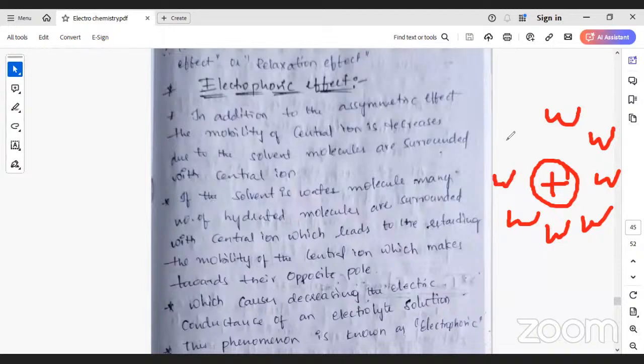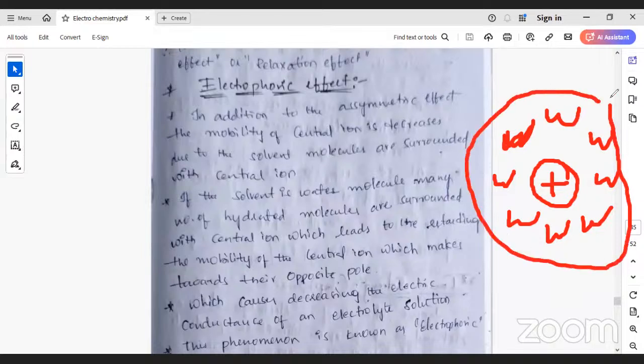All the water molecules are surrounded by the central ion, so the size of the central ion increases. Size increases means its mobility decreases.